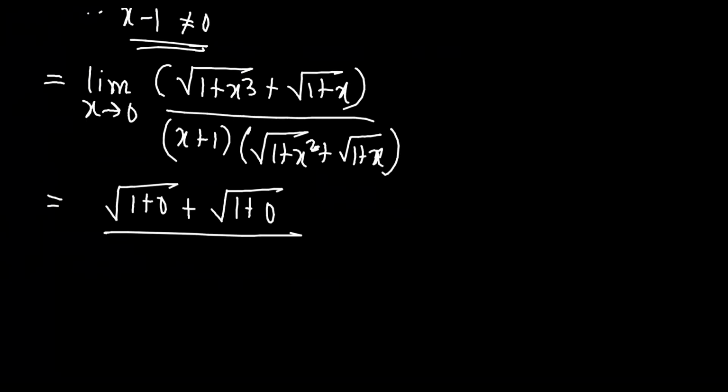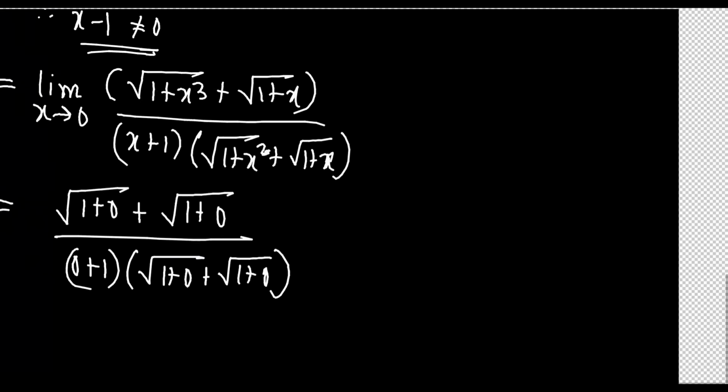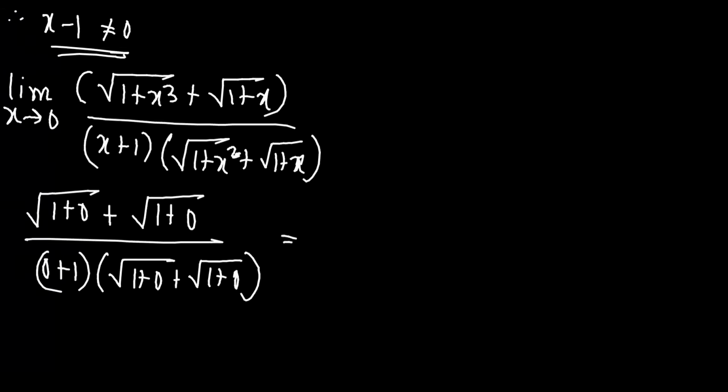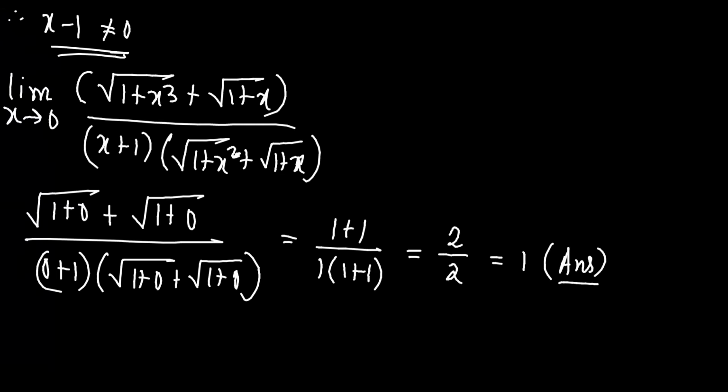Remember, it is not that x is equal to 0; we are putting the limiting value. As x is tending towards 0, in place of x I have just written 0. So it is 1 plus 1 by 1 into 1 plus 1, so it is 2 by 2, that is equal to 1. So this is the required answer for this question.